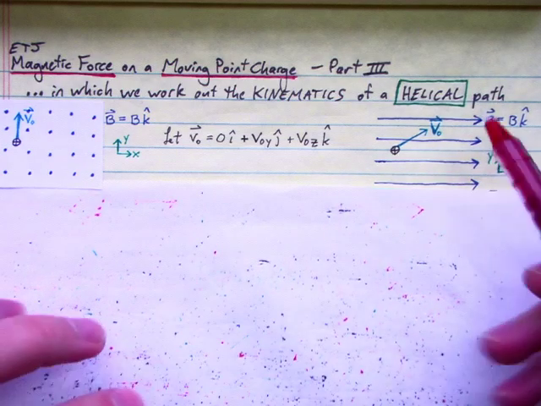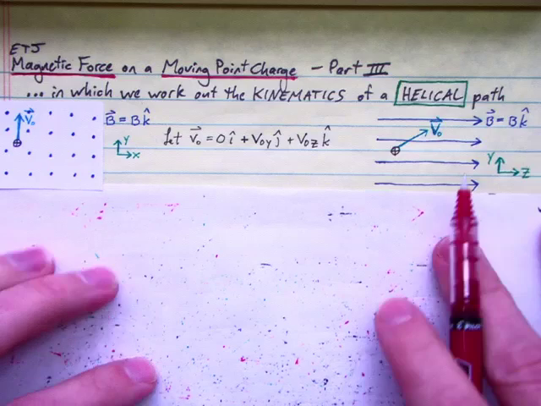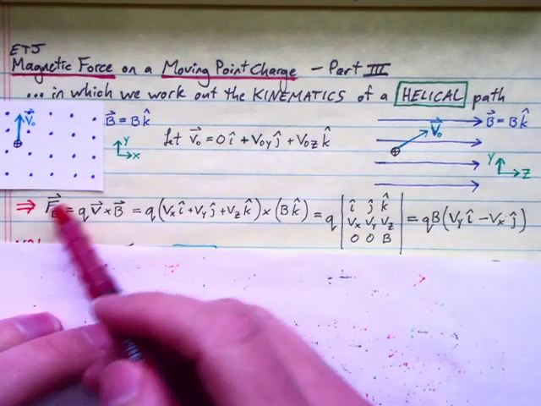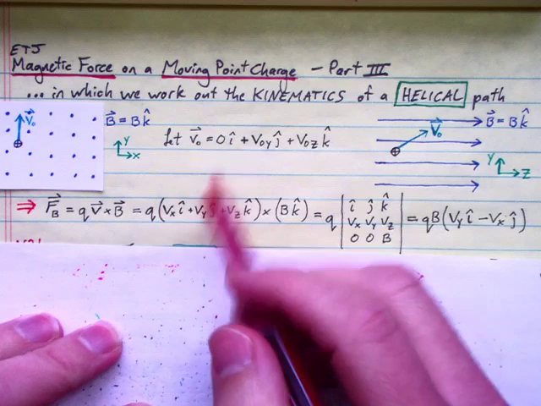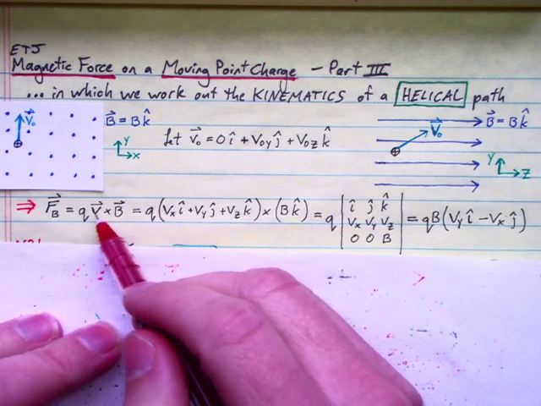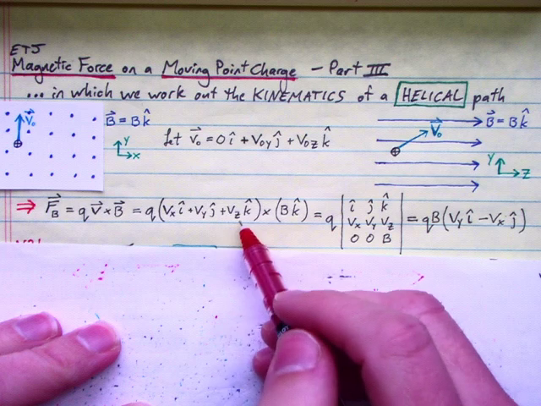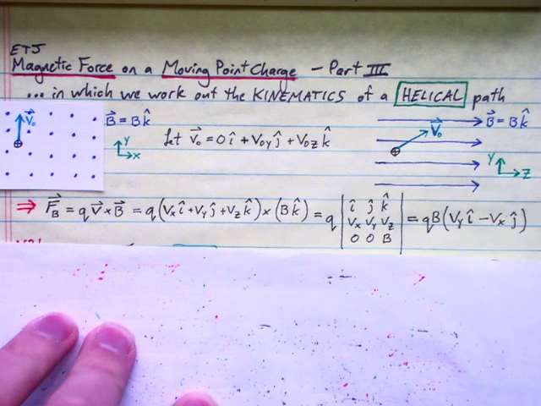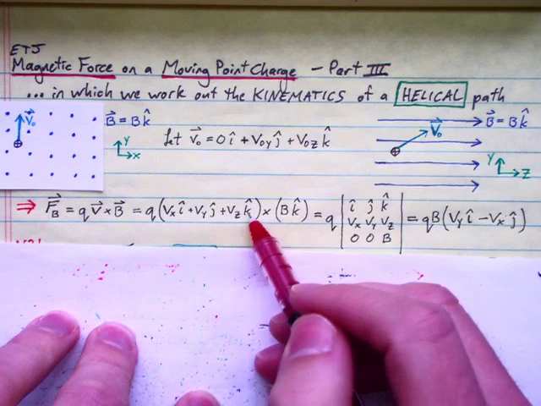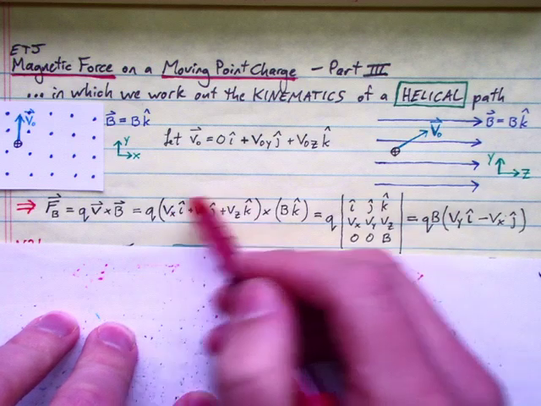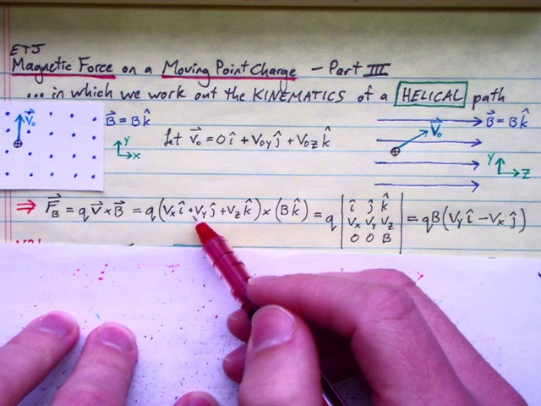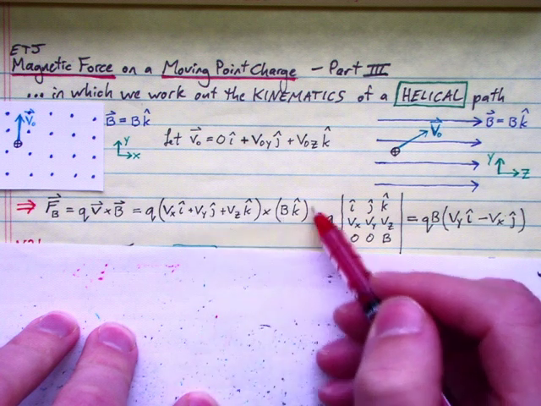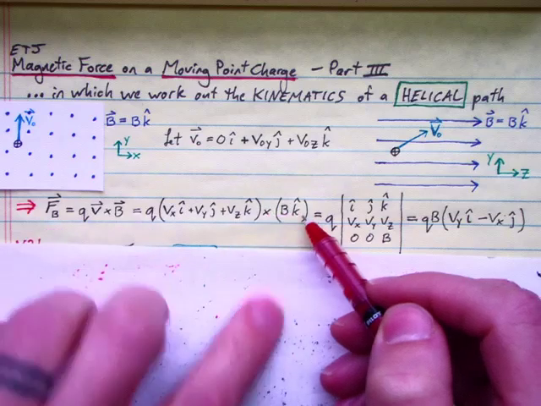This particle will be subject to a magnetic force given by this formula. So if we want to express V in terms of its components, Vx, Vy, and Vz, which will all be functions of time, so this could be V at any point in time, then we're going to cross that with the magnetic field vector, which is a constant with time.